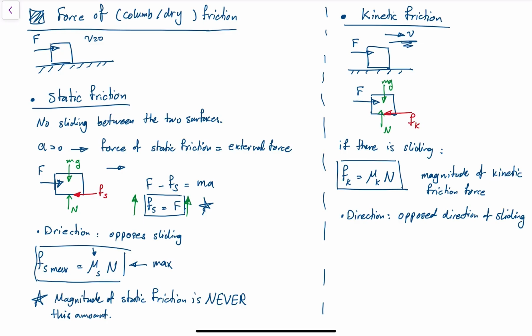So if a surface is sliding to the left relative to another one, the force is to the right, and vice versa. So it's always opposing the direction of sliding.